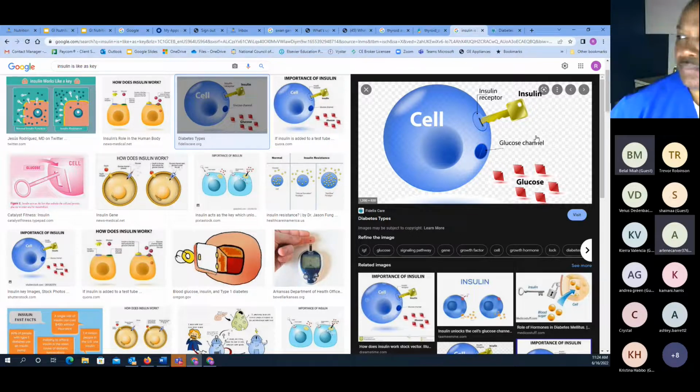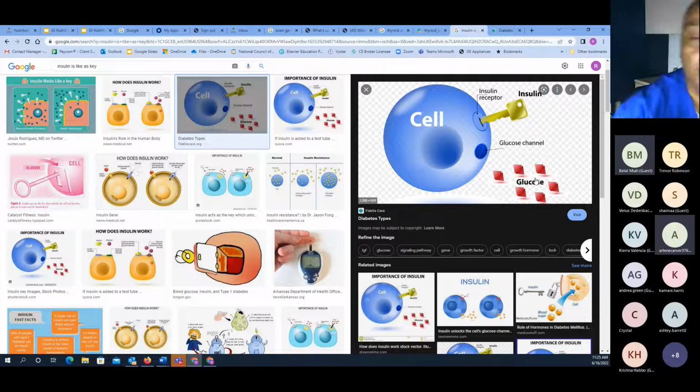The flip side of that is, if we're talking about HHS, the pancreas is producing some insulin. Not a lot, but it is producing some insulin. And so there's enough insulin being produced to open up the lock on the cell and allow some of the glucose inside the cell.